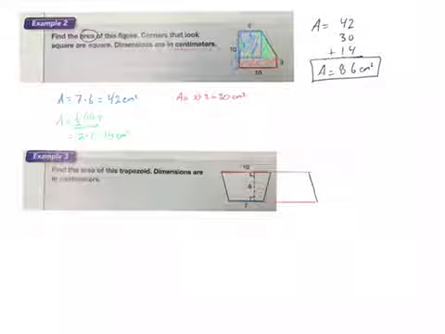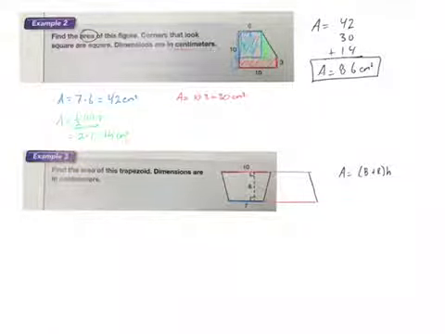Okay, so the area of this picture that I have drawn is, I'm just going to call it blue plus red times the height.